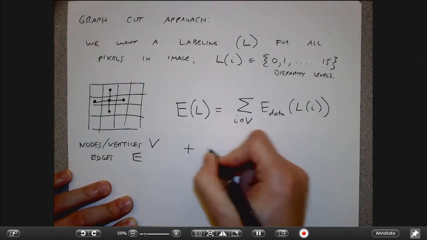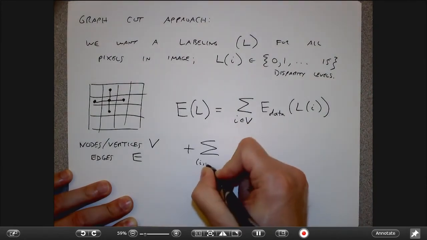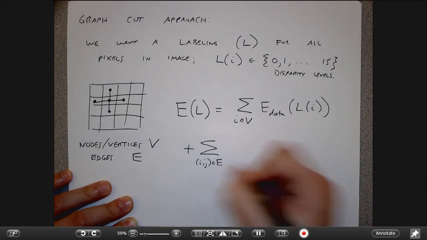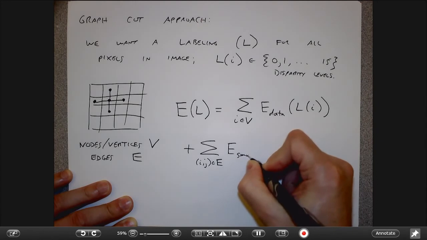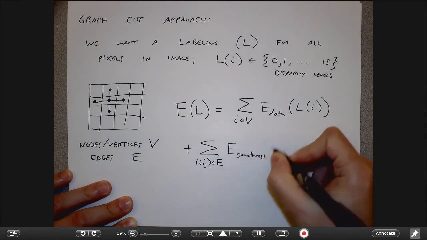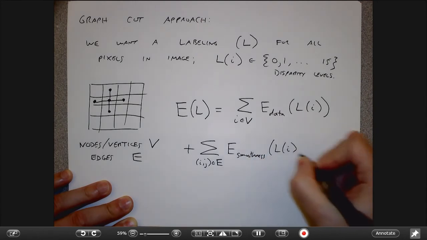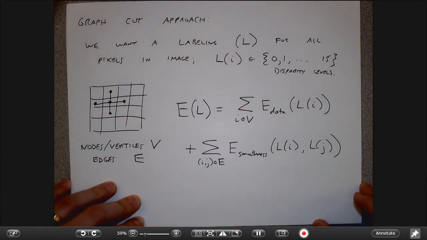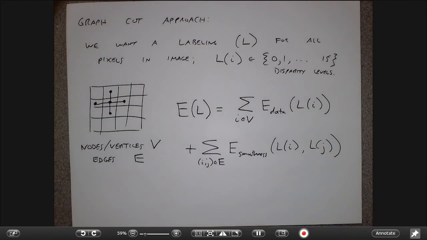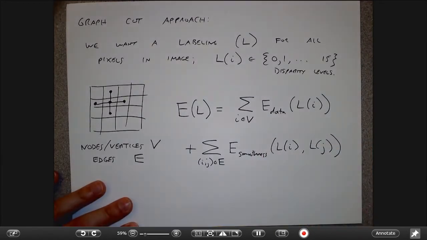And then I have another term that says, over all of the edges in the image, how, let's call it smoothness, how similar are those labels between label I and label J? Okay. And so, again, this looks very much like the kind of thing that we were talking about last time, where we have the data term.